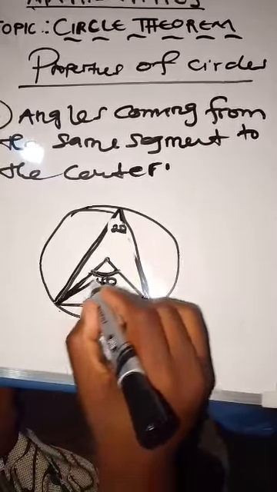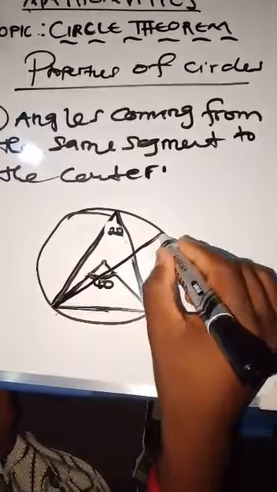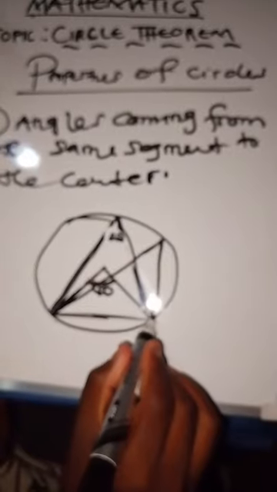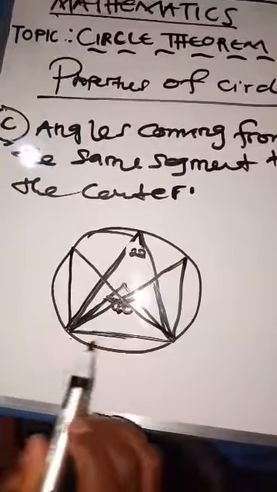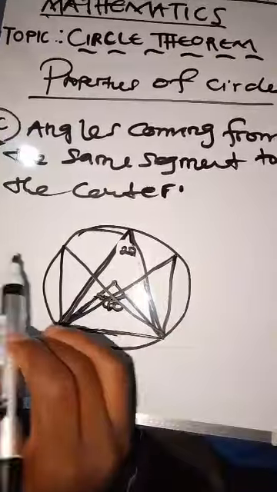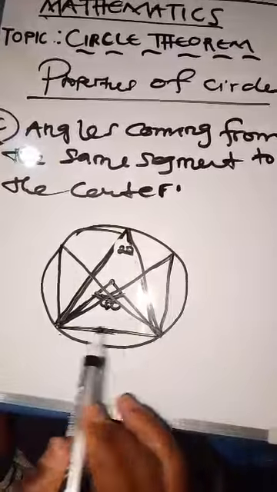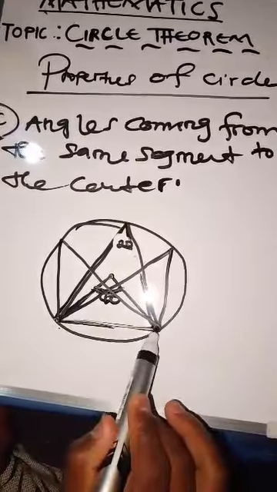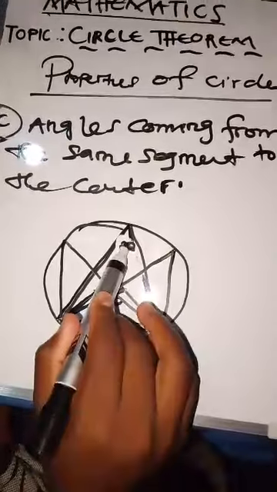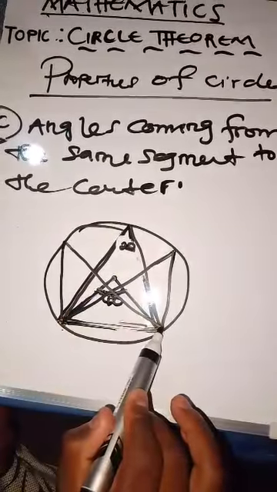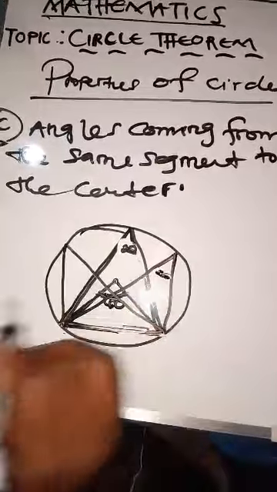Okay, so let me just show you something again. So let us say you've got another angle here, another one here. Okay, so based on what we said in the first property, we know that all angles coming from the same segment are equal. So if this one is 20, because they're coming from the same segment here, it means that even this one is going to be 20.